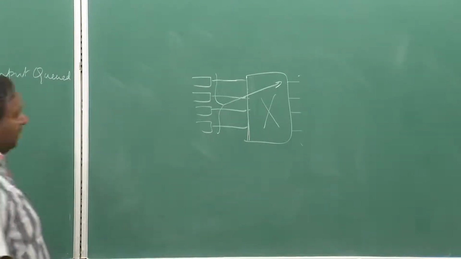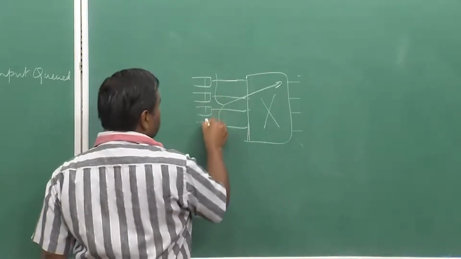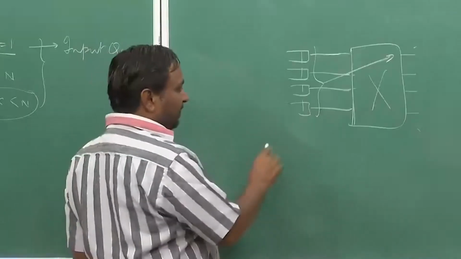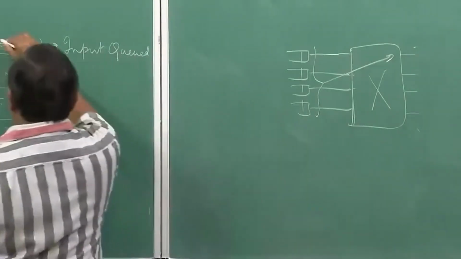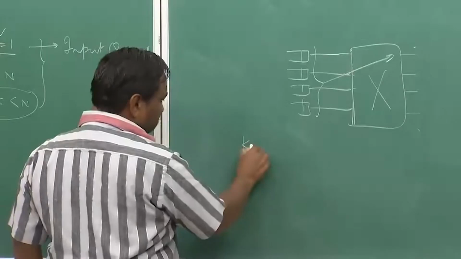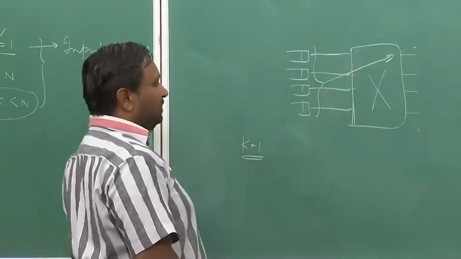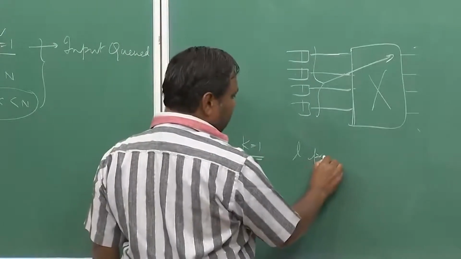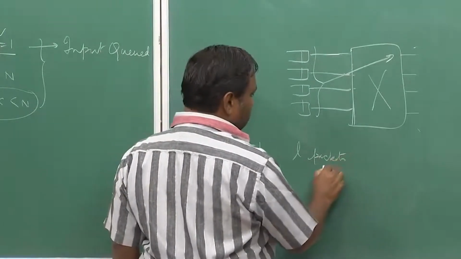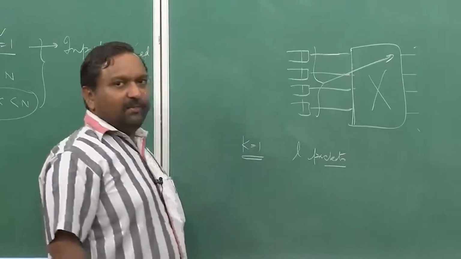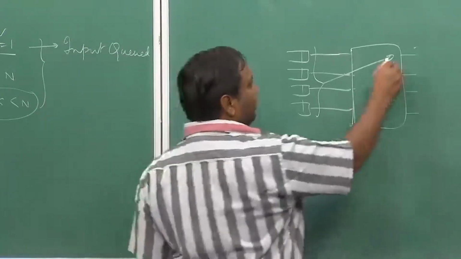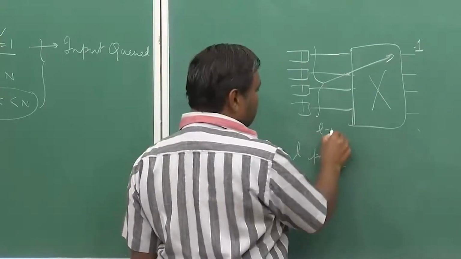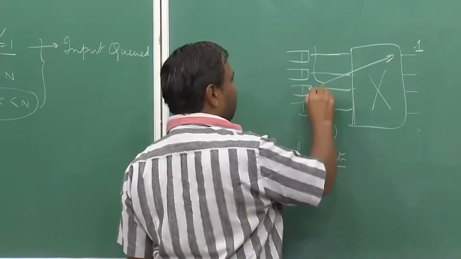So there are k packets which are coming at any point of time, and remember here, sorry, this k is 1, the speed up factor is 1, but let me call it L number of packets which are coming in. So these L packets, when they are coming in, only one of them will be actually routed to this side, and remaining L minus 1 has to be stored here.